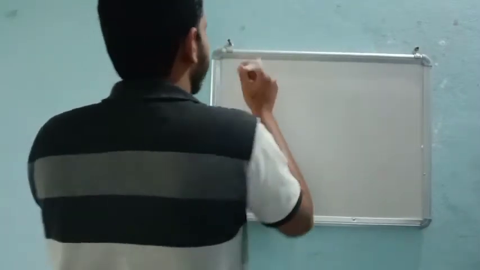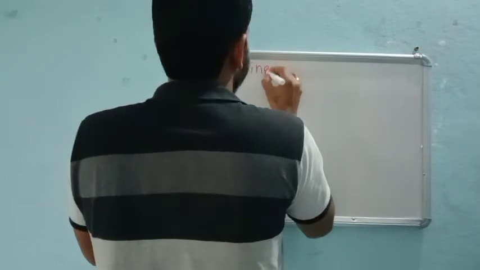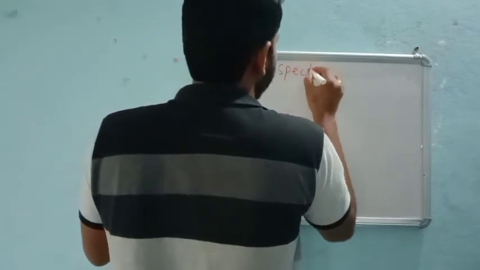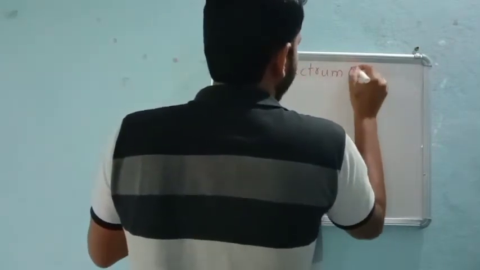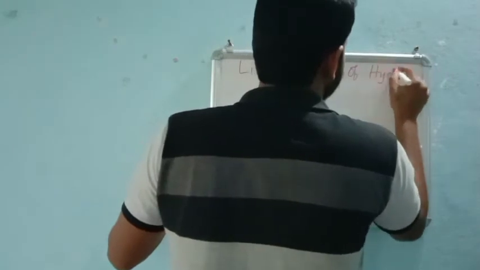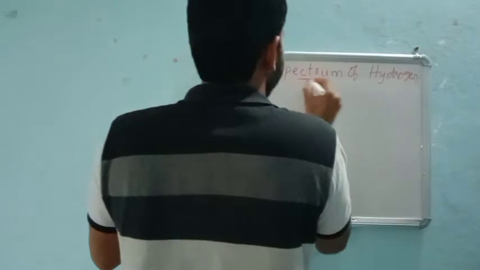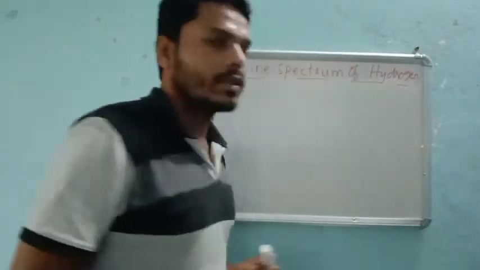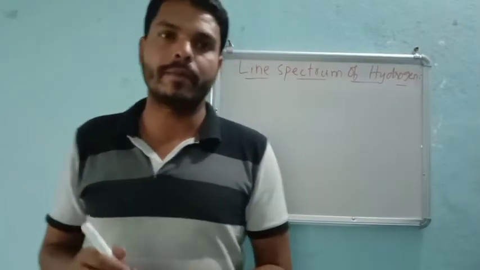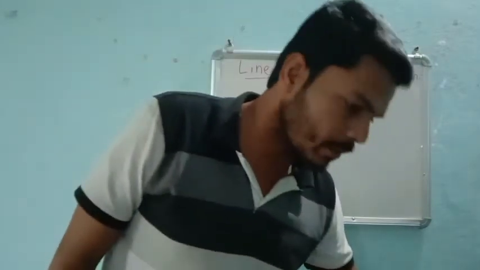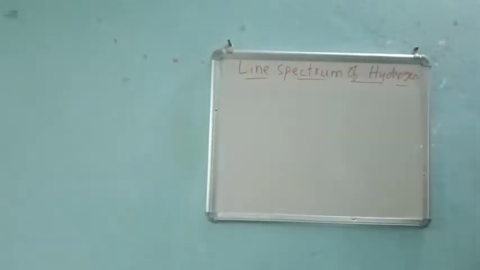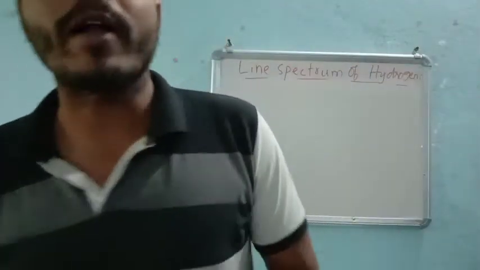The line spectrum of hydrogen is nothing but, see here. Everything I will explain. Before going to the main concept, let me introduce an interesting point about the formation of color.